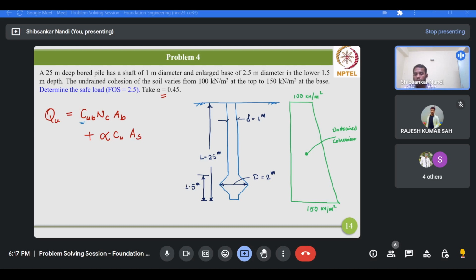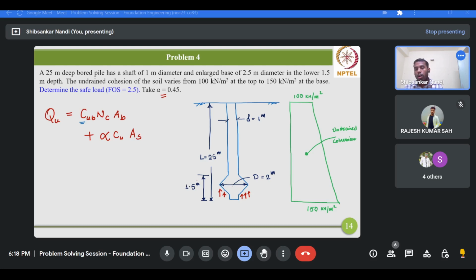Okay, so for this specific problem, since you are dealing with an underreamed pile with a bulb at the lower 1.5 meter depth, you have to consider the cross sectional area of the bulb to calculate the base area of the pile, because this projecting bulb will be effective to provide the point bearing resistance.